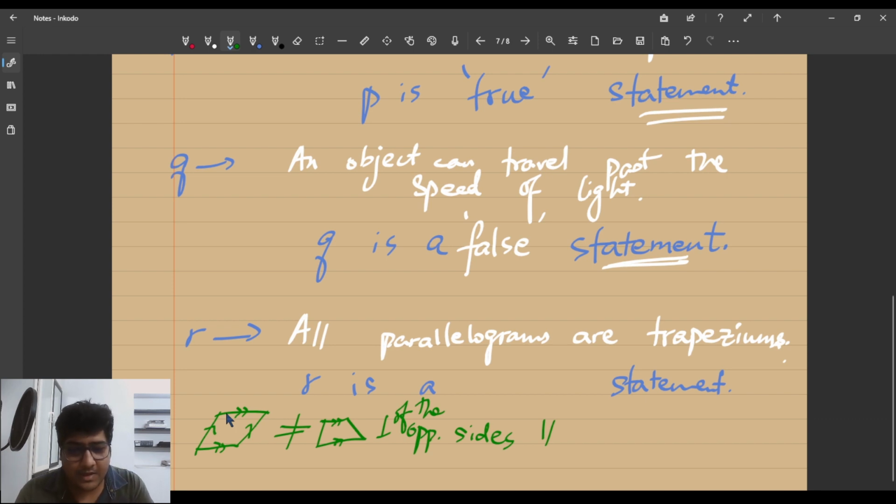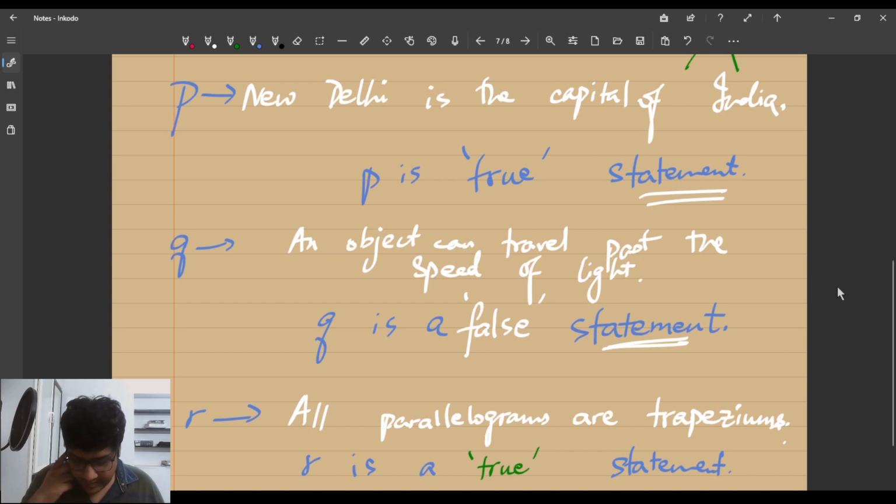So all parallelograms are in fact trapeziums, because the rule for a trapezium is satisfied by a parallelogram. The motto of the video is not to talk about parallelograms and trapeziums, but I thought this would be a bit fun for you all. So all parallelograms are trapeziums, so this is a true statement, as opposed to what people argue. I don't know why that argument is famous, but that's the case.